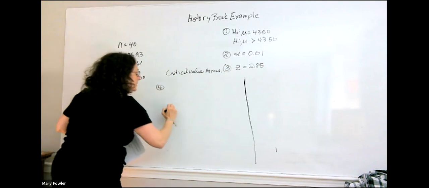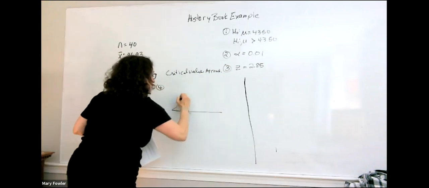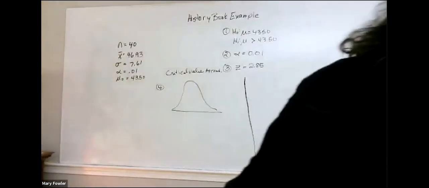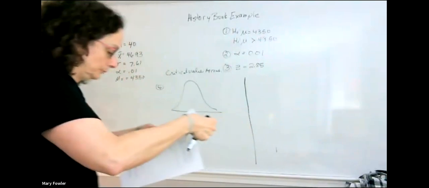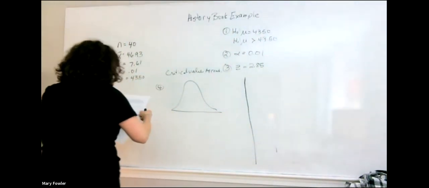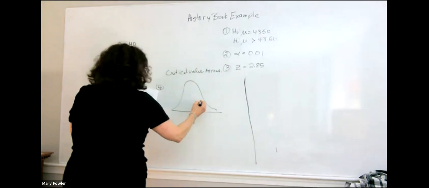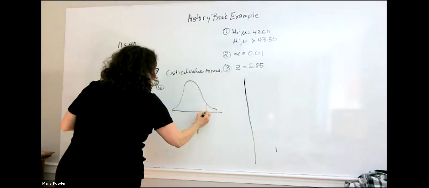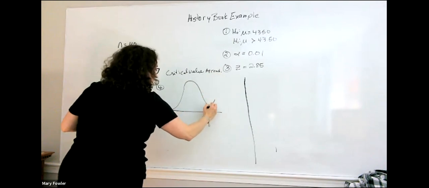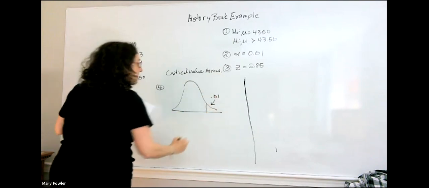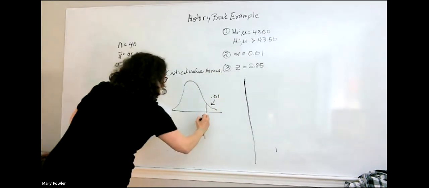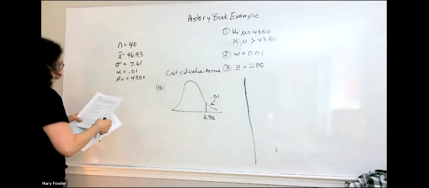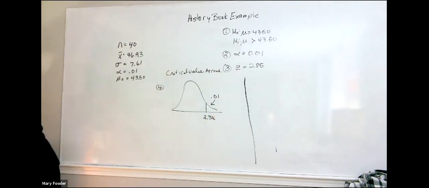For step 4, we had to define rejection and non-rejection regions. Using 1 and 2, we knew that we wanted a right tail of 0.01, and that gave me 2.326.